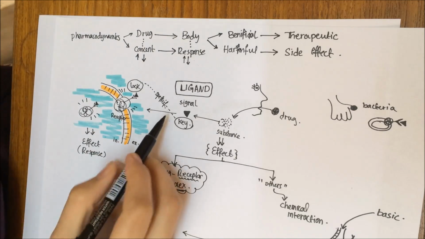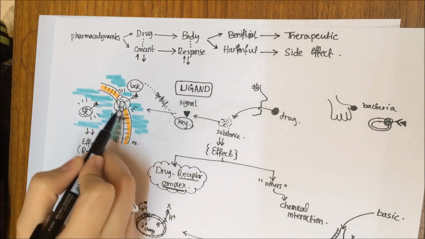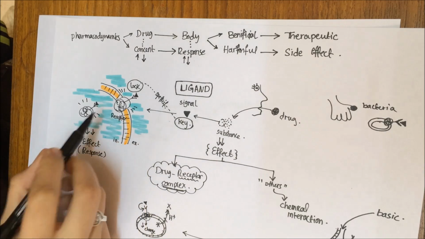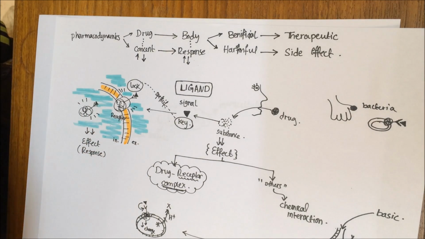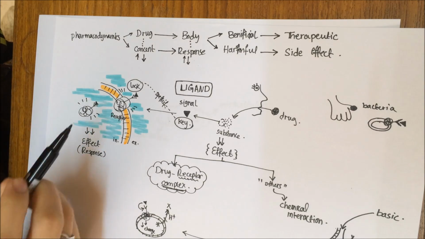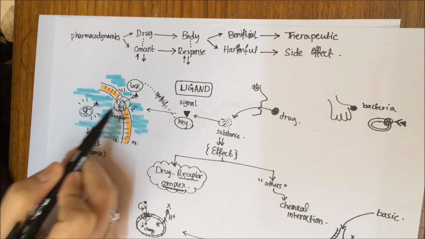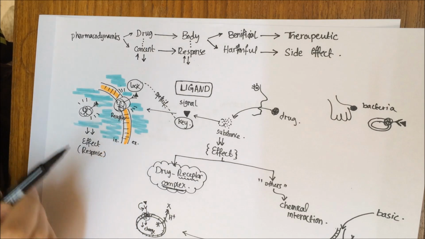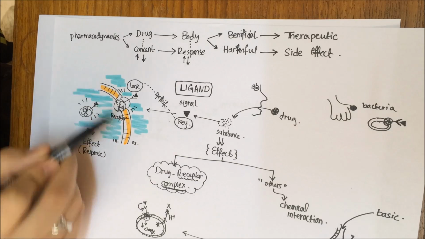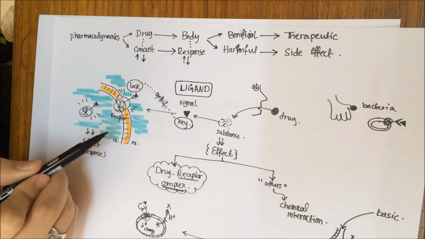We said that the signal or the ligand will come and bind to a receptor, whether on the cell surface or inside of the cell. What controls this is, as you remember, that the extracellular and intracellular space is a hydrophilic environment, while the lipid bilayer is a hydrophobic environment.